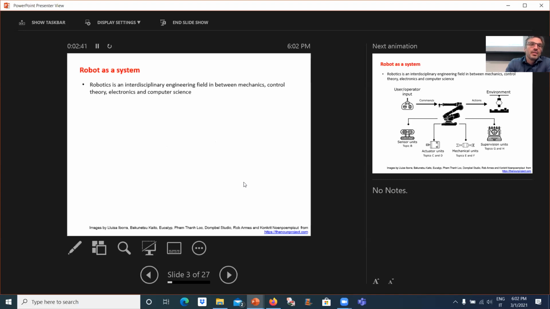So first, you need to consider the robot as a system. Robotics is an interdisciplinary field of engineering that sits between mechanics, control theory, electronics, and computer science. To do robotics, you need to know a bit of all of this and be like a cinema director who is able to talk with different experts in these fields, technicians who are mostly expert in mechanics or in electronics.